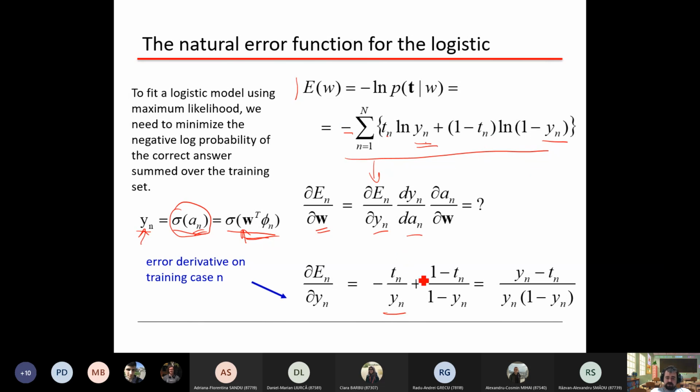With the minus in front, we have this plus, divided by 1 minus yn. And this is what is in here. When we get to the same denominator, we will obtain yn minus tn divided by yn multiplied by 1 minus yn.